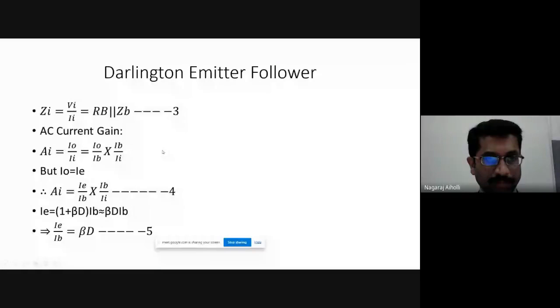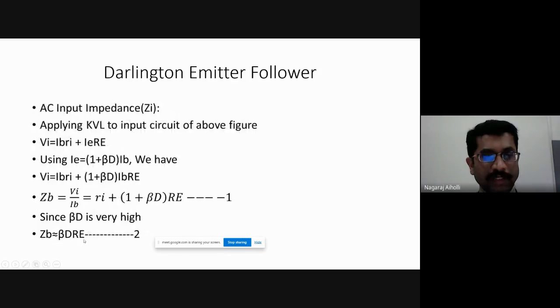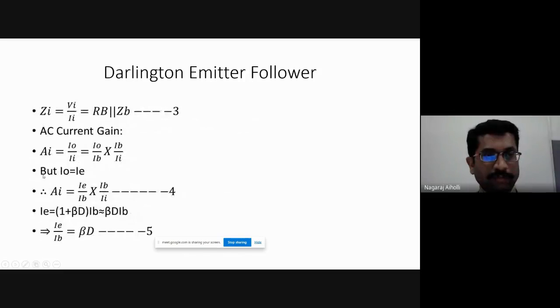Zi is equal to Vi upon Ii, that is Rb parallel with Zb. Take it as equation 3. Where Zb is beta d into Re. Therefore, the equation for input impedance is Zi equal to Rb parallel Zb.